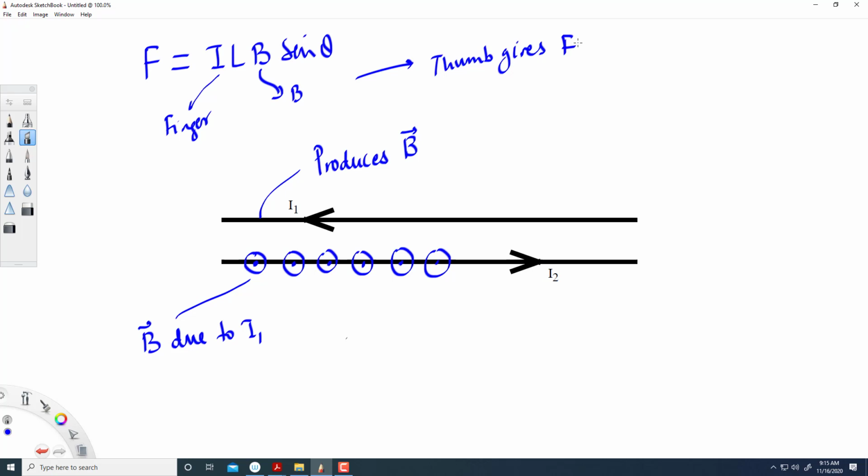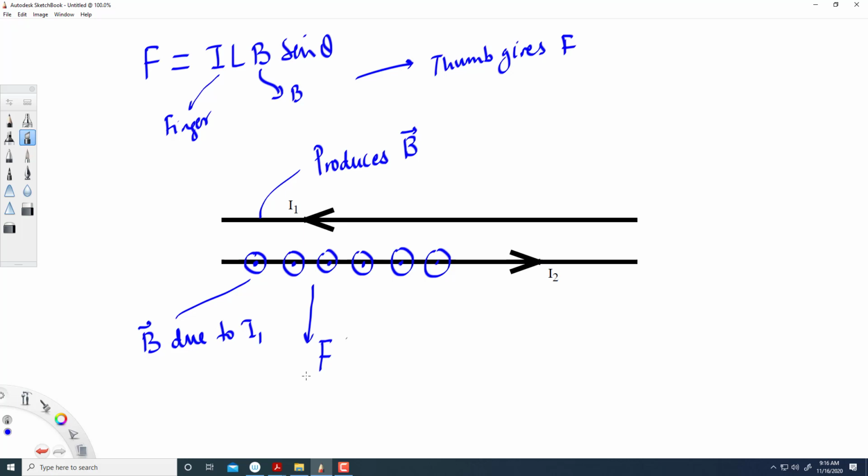Okay, so your thumb is pointing down. So that means the force is down. That's the force on wire 2 due to wire 1.